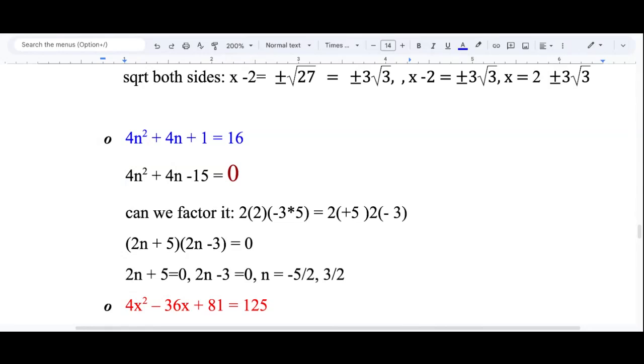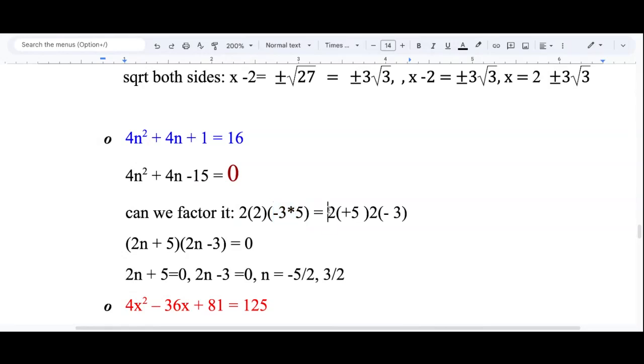So how do we put it in a factor form? So we're thinking, okay, I have to work with 4, with negative 15, somehow play with their factors to get a positive 4. Right? So 4 can be factored as 2 times 2. Negative 15 can be factored as negative 3 times 5.